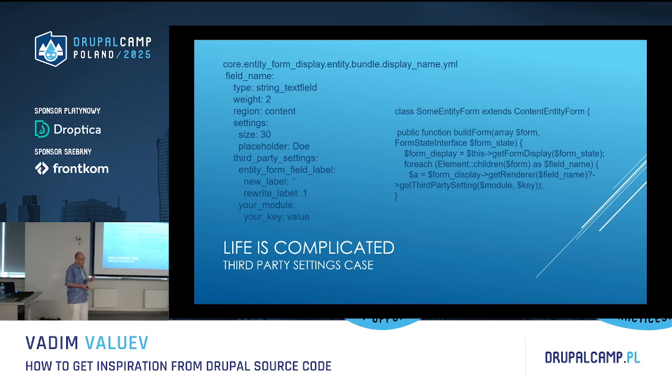Yes. Then comes the question, how do we use it? If you want this to be displayed in a configuration form for this form view, you need to implement a widget, hook widget alter, whatever. But again, you don't need to, because you may export configuration, but you may not.